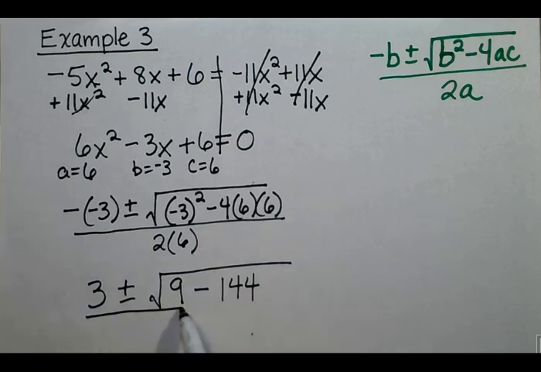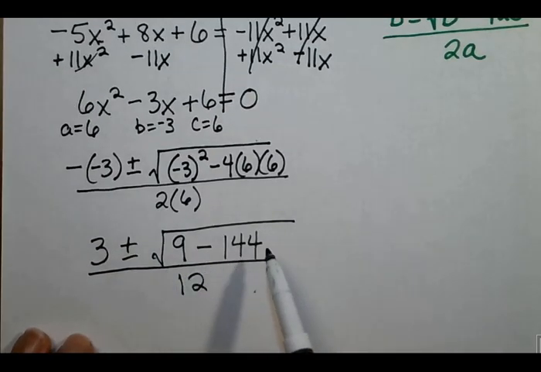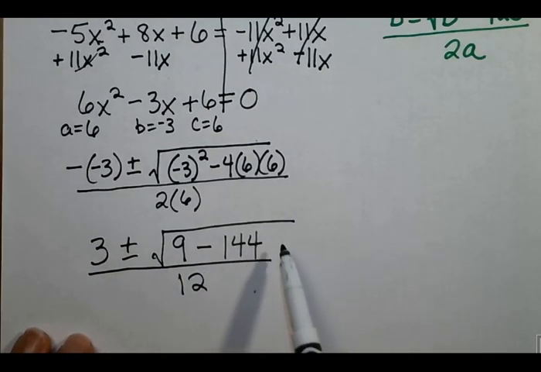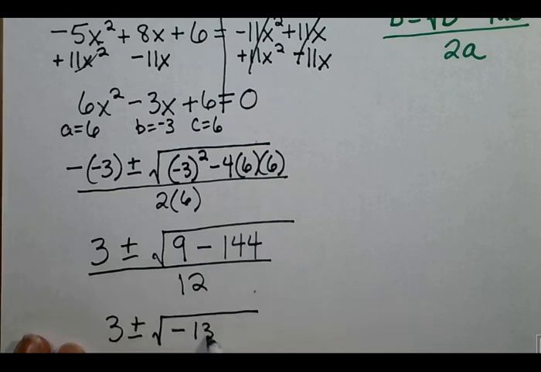Okay, and then we're going to divide everything by 12. All right, so as we continue, we're going to take 9 minus 144, and that's actually going to get us a negative number. So we're going to have 3 plus or minus the square root of negative 135, and this is all going to be over 12.